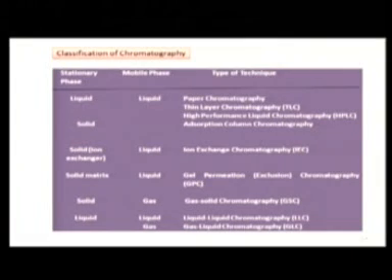Here we are trying to recollect whatever we have discussed in the case of chromatography. As we said, there are different types of mobile phases and different types of stationary phases. Based on these, we have different kinds of chromatographies. Similarly, in column chromatography, we have gel permeation, affinity and ion exchange.